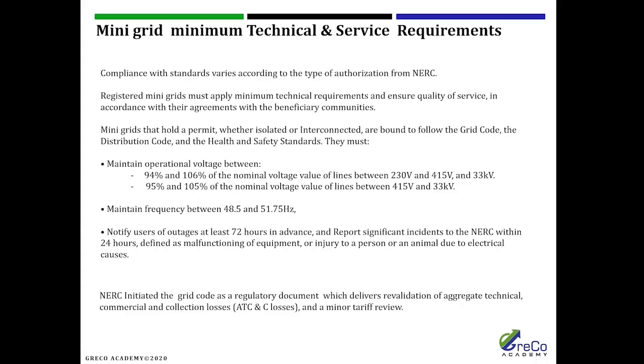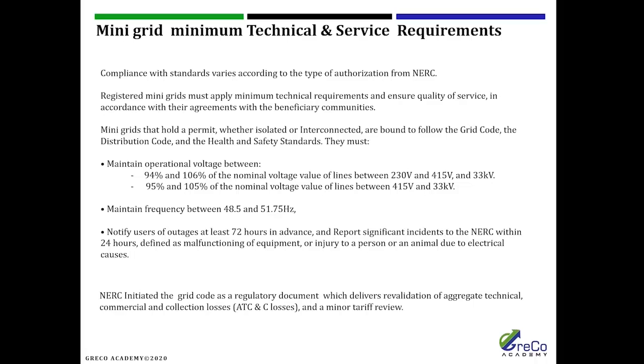Next is the frequency that is expected to be maintained by this plant, which of course is between 48.5 and 51.75 Hz.